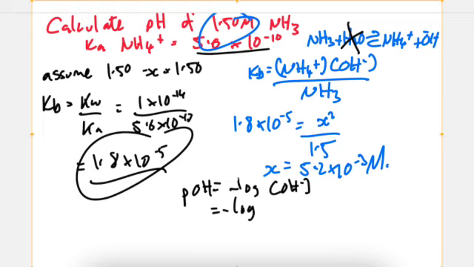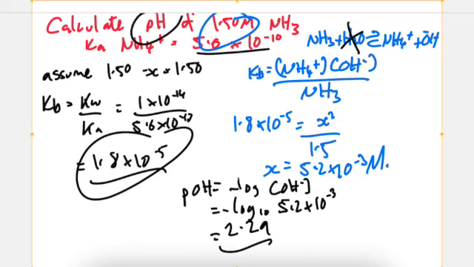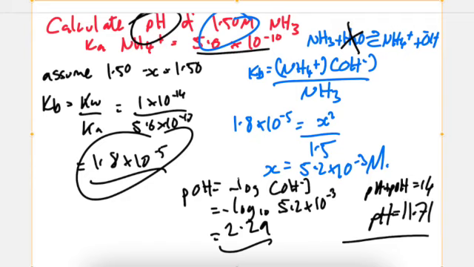So pOH is minus log to the base 10 of 5.2 by 10 to the minus 3. And that gives us a pOH of 2.29. pH plus pOH equals 14. So pH will be 14, take away our 2.29. It was 11.71, wasn't it? My mental maths is working today. Yes, 11.71.